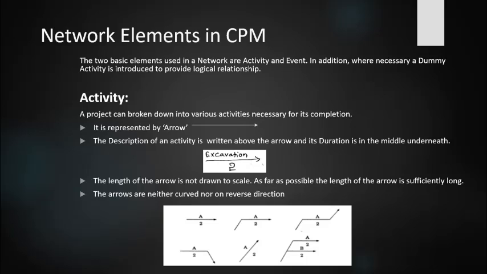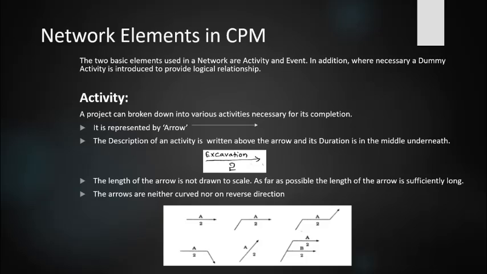There is a relationship between two activities. That means these two activities have to be completed at a time, and only then the next activity will start. So you have to monitor the completion of these two interrelated activities so that the next activity is started.